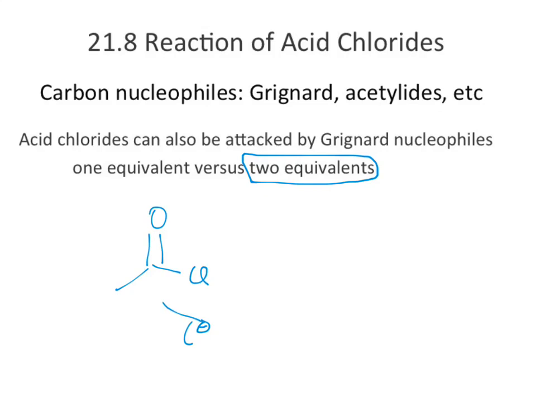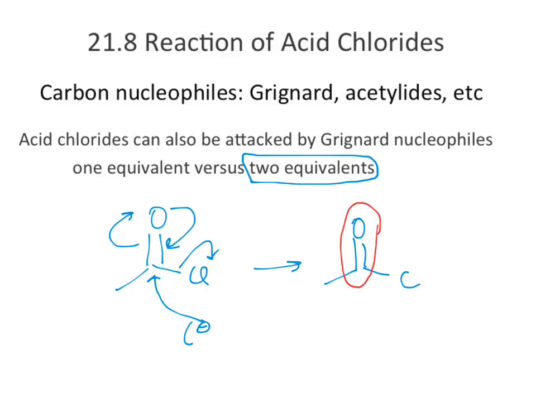There's our carbon nucleophile. It comes in and attacks. What breaks? Pi bond. What reforms? What happens? Chloride leaves. And what do we end up with? Our carbon-carbon bond, which is pretty important. But then also, what do we still have? We still have an electrophile.